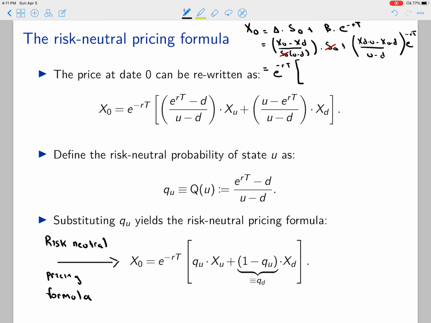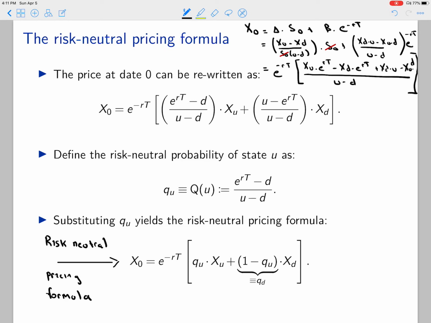Then if we start combining everything over U minus D, it's going to look as follows: X_U times e to the RT, because this never had e to the negative RT, minus X_D times e to the RT, plus X_D times U minus X_U times D, sorry, it's cramped over there, over U minus D.